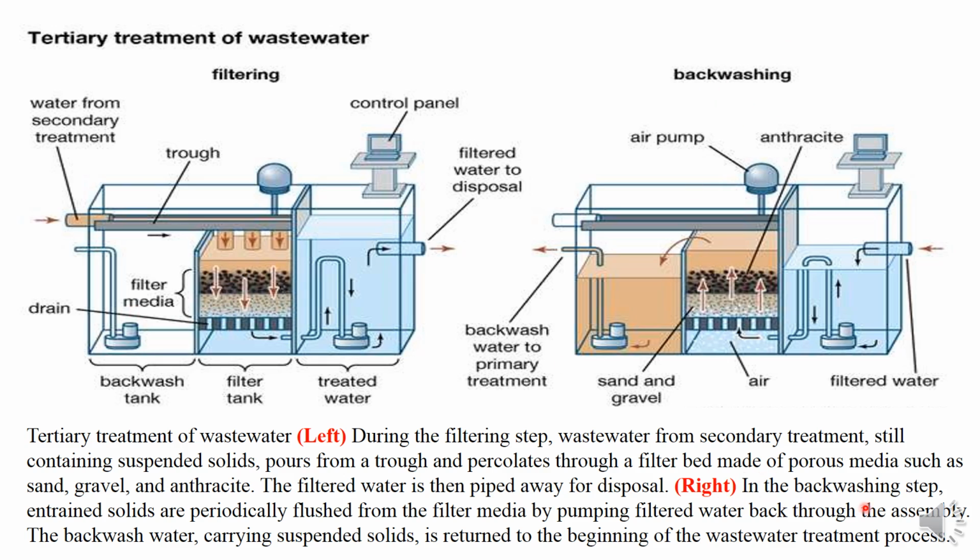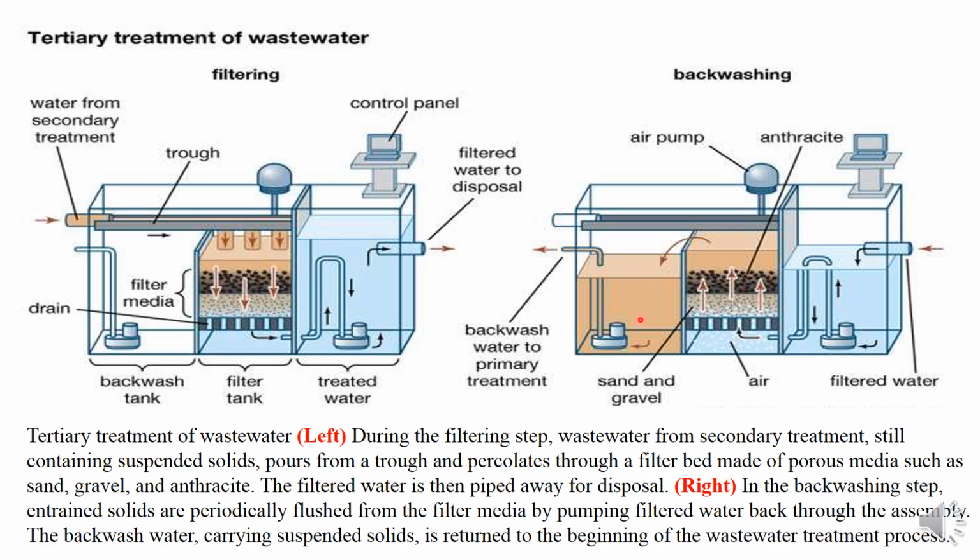At the right, in the backwashing step, entrained solids are periodically flushed from the filter media by pumping filtered water back through the assembly. The backwash water carrying suspended solids is returned to the beginning of the wastewater treatment process. Here, the water is sent back in the backwashing process, where that water is sent back for the primary treatment.